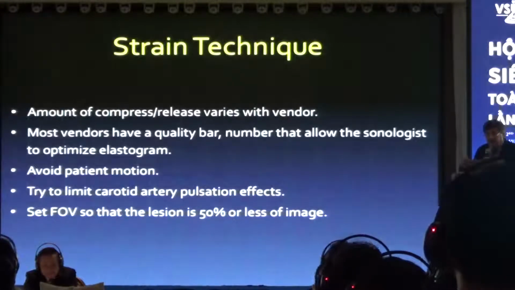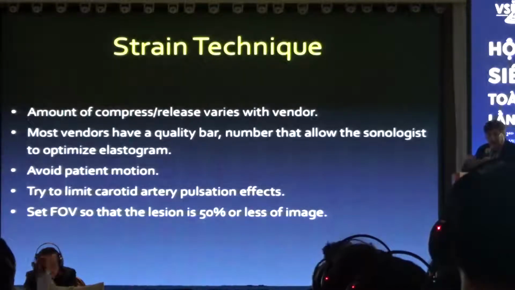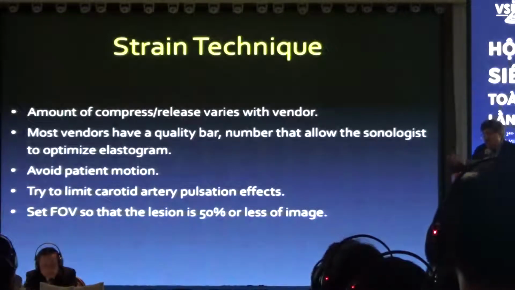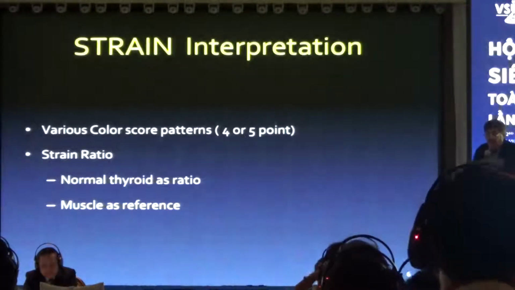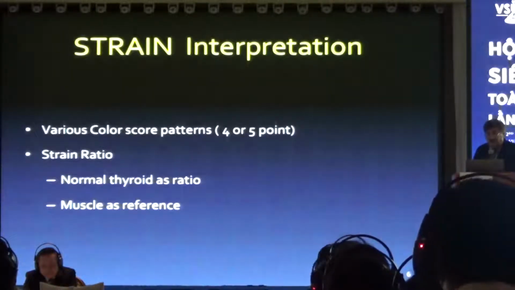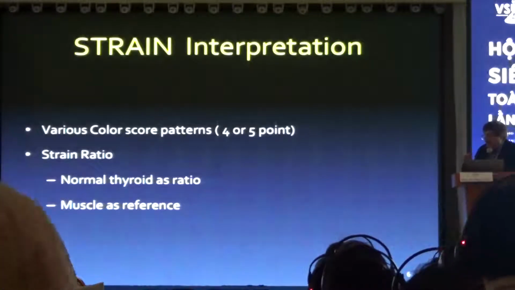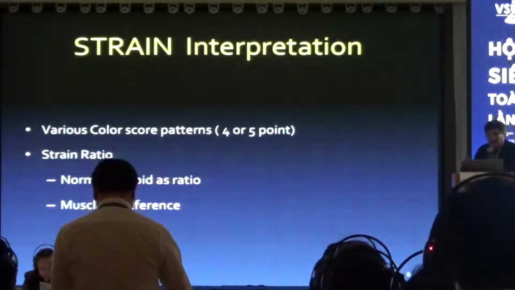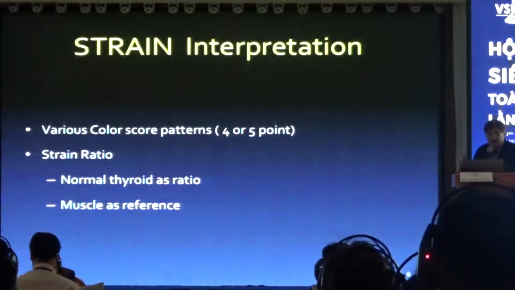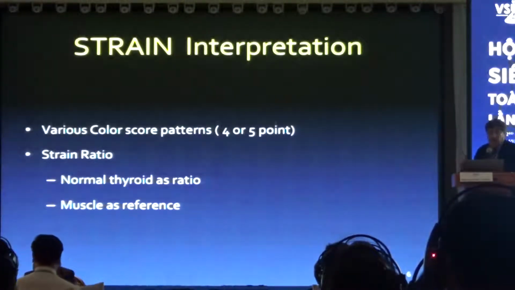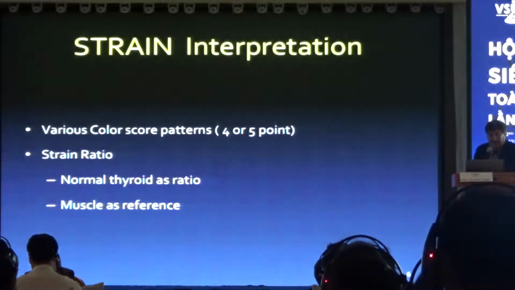So in thyroid, we want to try to include the lesion, some normal thyroid, and the strap muscles to give us a variability. There are several ways of interpreting the strain images, and like I said, the ratio of B-mode to elastography image does not work well with any other organ other than breast. And I'll mention one little comment about that a little bit later.